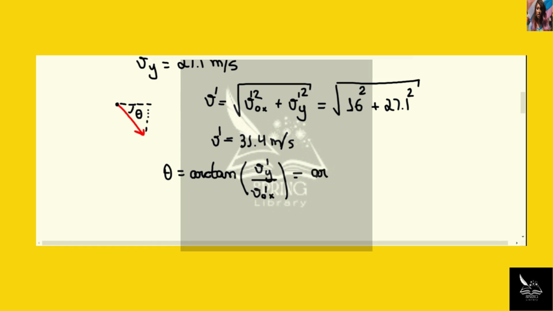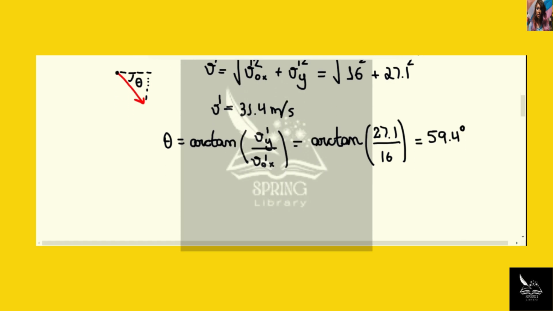So this is the arctangent of 27.1 divided by 16, and this is 59.4 degrees.